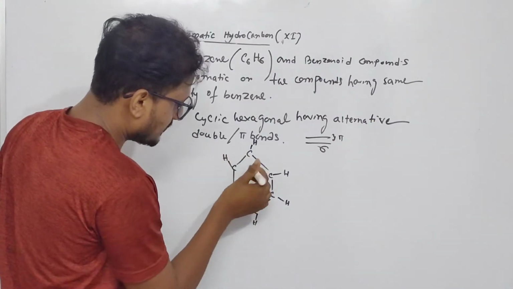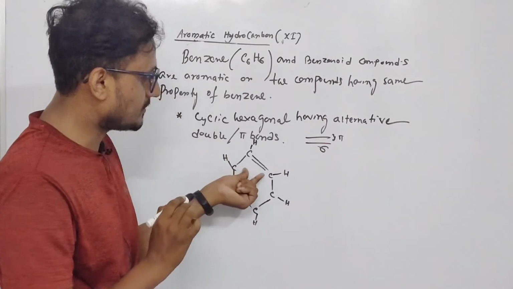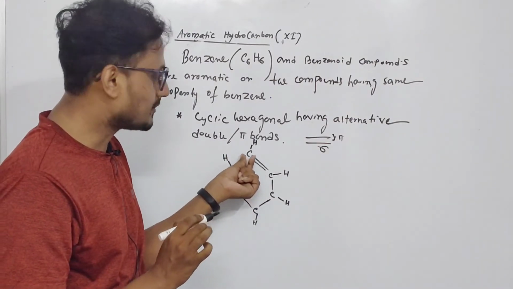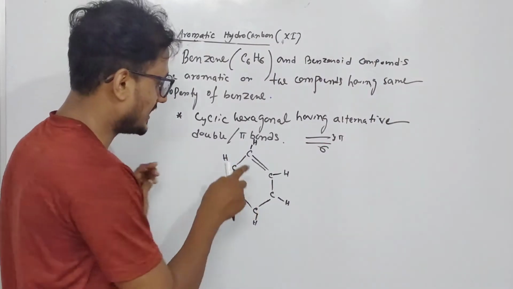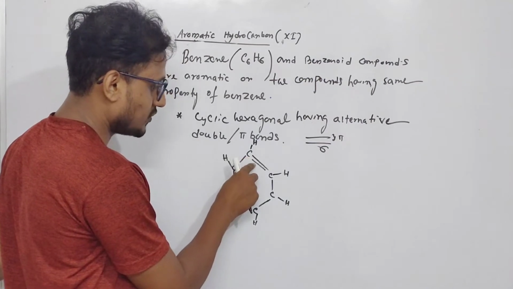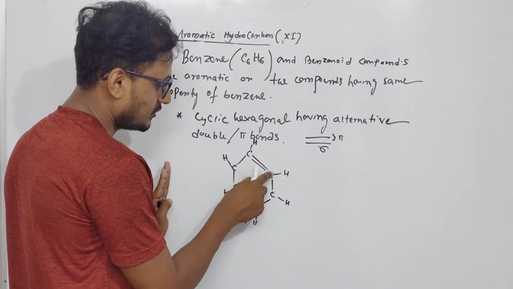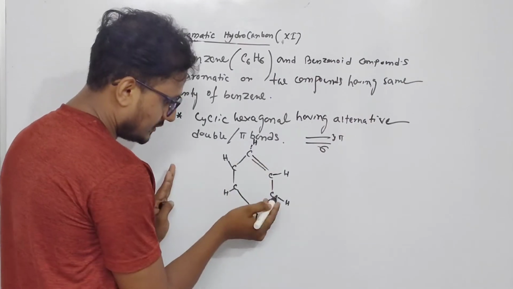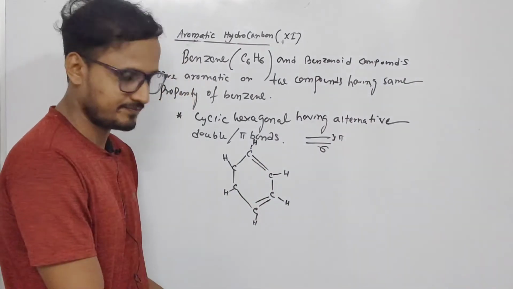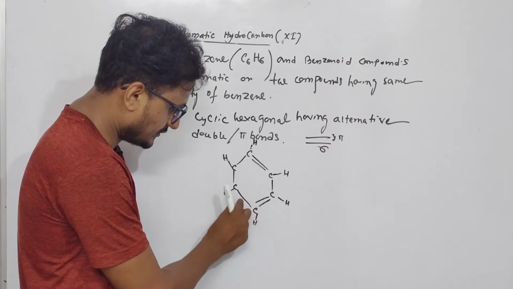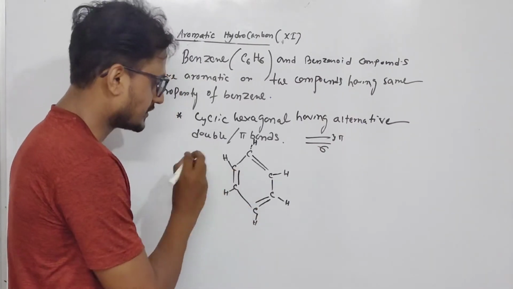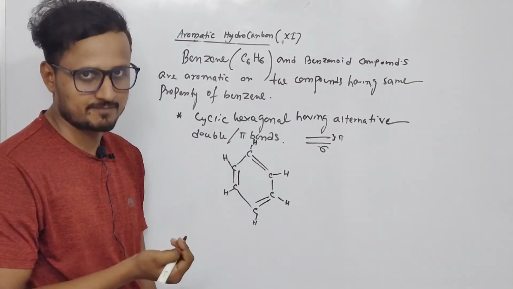Like in these two carbons, I have placed one pi bond. So the valency of carbon is 4, which is balanced here. Like this carbon having 4 bonds, 1, 2, 3, 4. Done. So it is the valency of carbon. Here also 1, 2, 3, 4. Now the pi bond we have to place here. This carbon 1, 2, 3, 4.